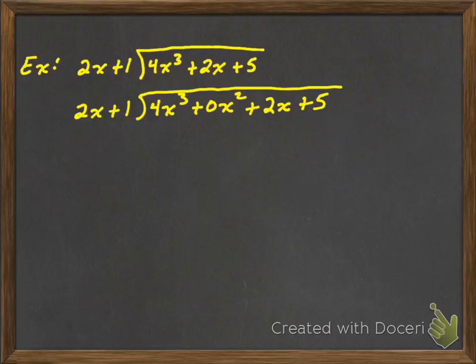All right, so the next thing we need to do is we need to get rid of this 2, and we need to make this a 1, and we can do that by dividing every term by 2.